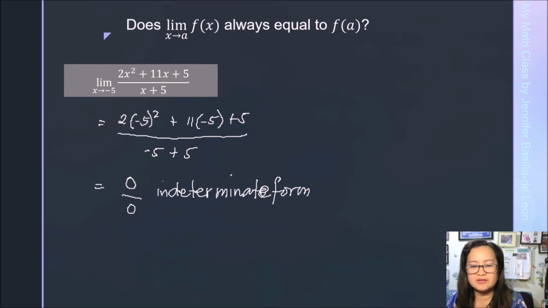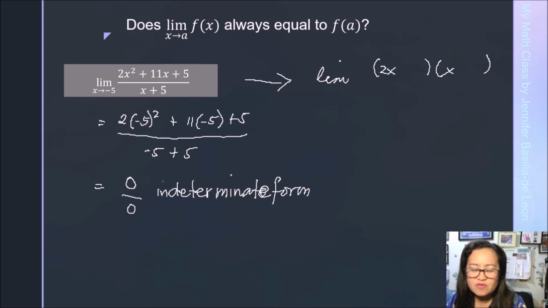Let's see. If we simplify first the radical function before evaluating, instead of 2x squared plus 11x plus 5, let's express the numerator in factored form. So 2x squared will have factors of 2x and x.